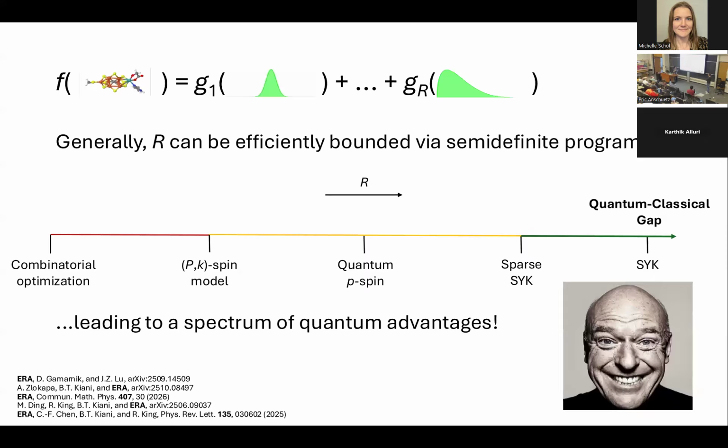Part of that might be just due to the signs. If the signs are random, you're going to be frustrated. But also, if these terms are non-commuting, you're also going to have frustration just due to Heisenberg uncertainty. You can't have an eigenstate of two non-commuting observables. And so that's what R measures. More formally, it's something more specific, but at a physical intuition level, that's what it's looking at.